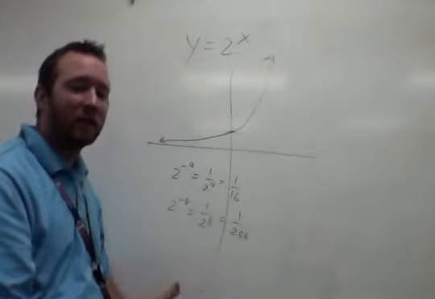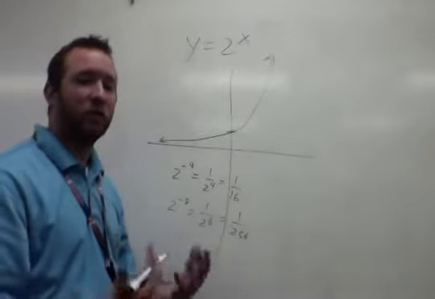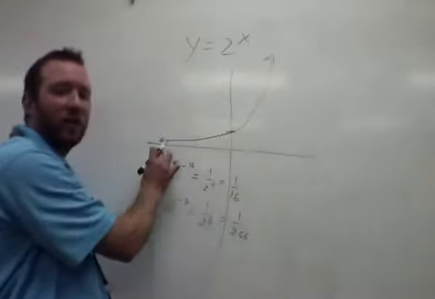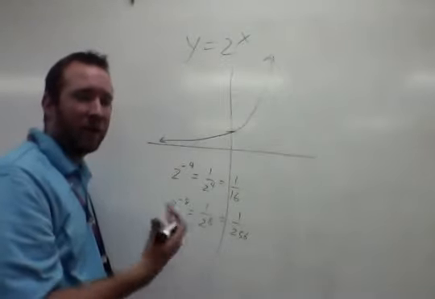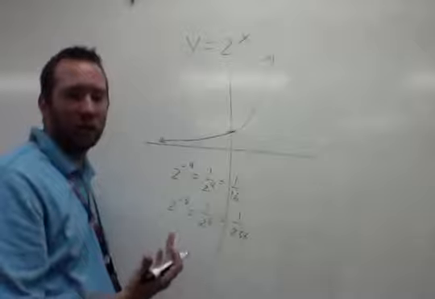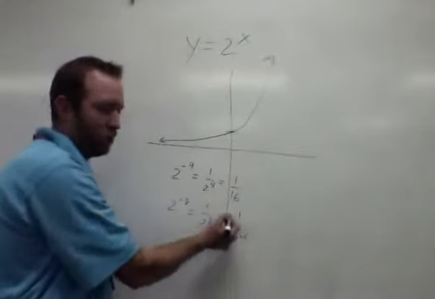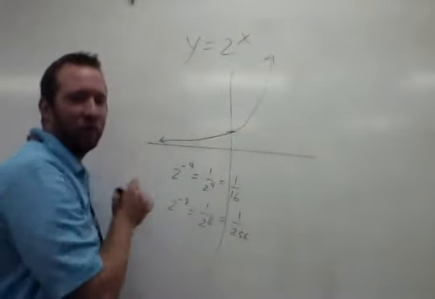So what's going on is my x's become really small, my y's are getting closer and closer to 0. And that's what we're seeing with this graph, that this graph is leveling off at a height of 0. And that's going to create our horizontal asymptote. So we have values that the y's are getting closer and closer to, or that the graph is leveling off and approaching.